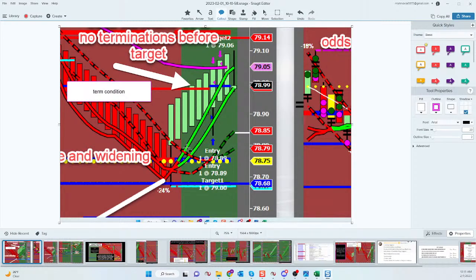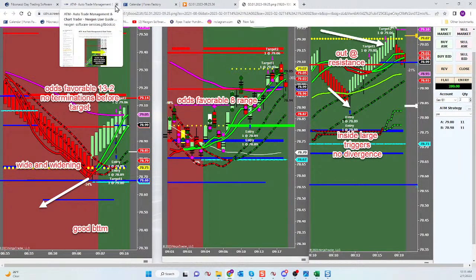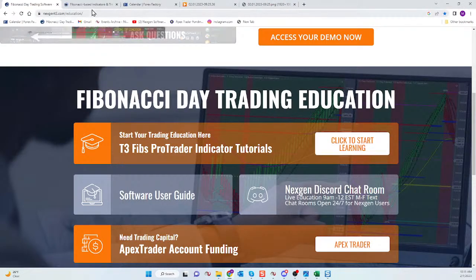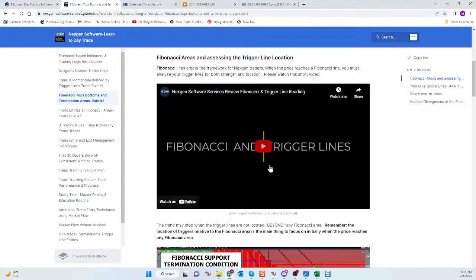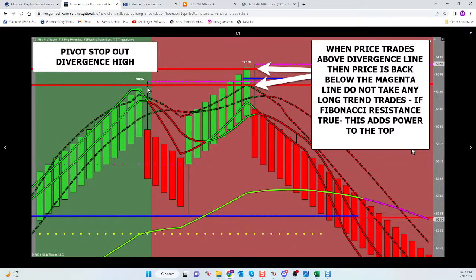Absolutely. Look at where all my trigger lines are, guys. Each and every one of my trigger lines is below that area of resistance. So if I'm doing a textbook high probability trend trade, it is by all counts an area that's likely to stop the market.